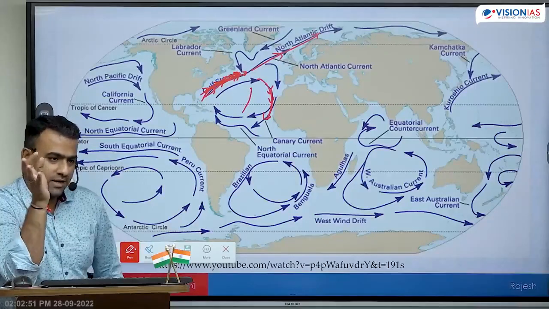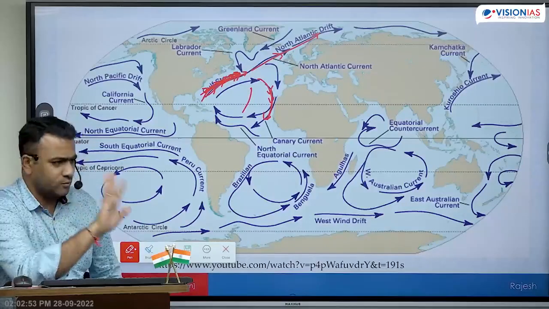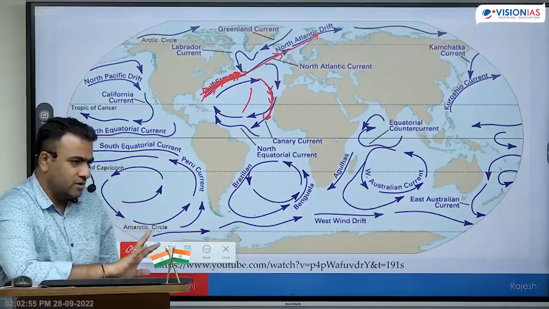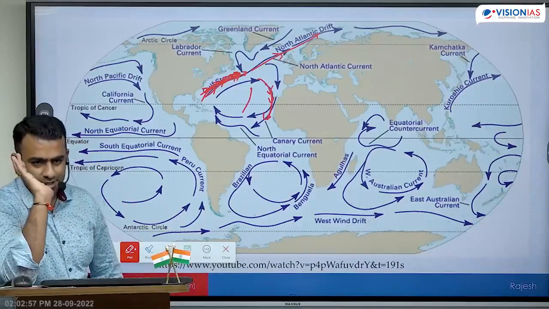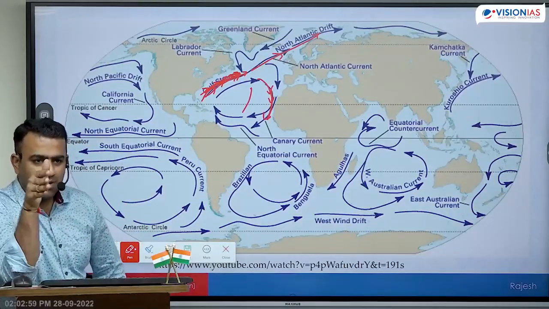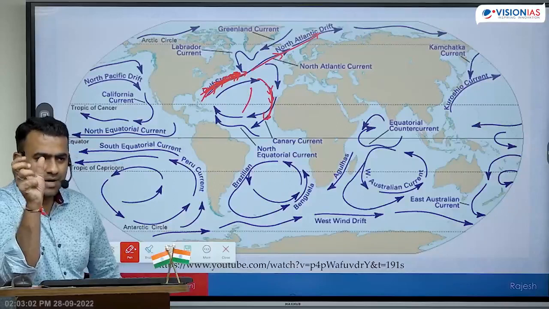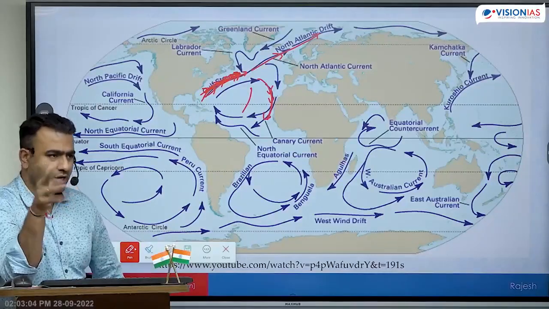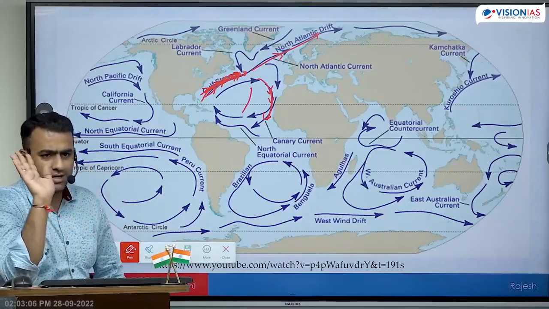You may wonder how they happen, but leave that aside, I will explain later. First understand what exactly ocean currents are: a strong movement in a particular direction, like rivers inside the ocean.